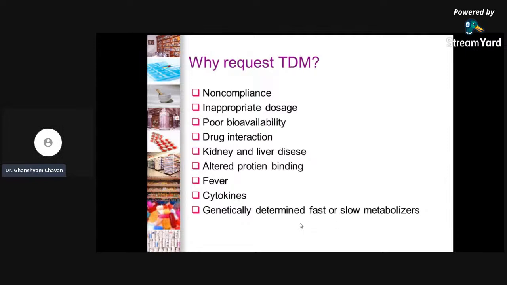Next is genetically determined fast or slow metabolism. What is this? These are nothing but the microsomal isoenzymes which are available in our liver, and they are genetically determined. There is a specific list of microsomal isoenzymes available in our body according to our genes.